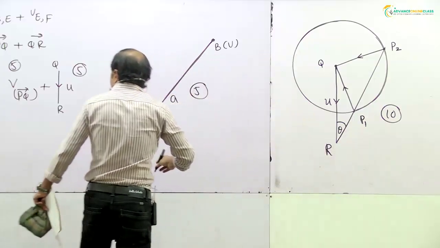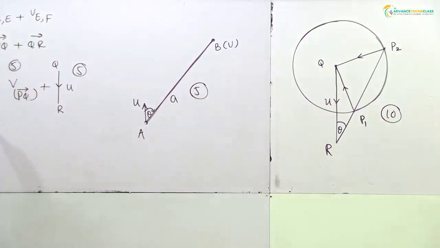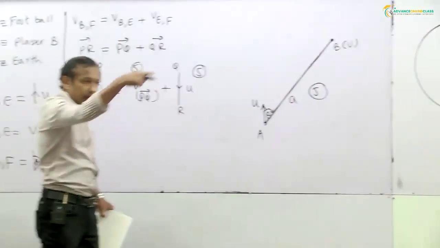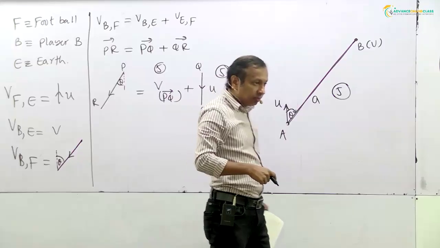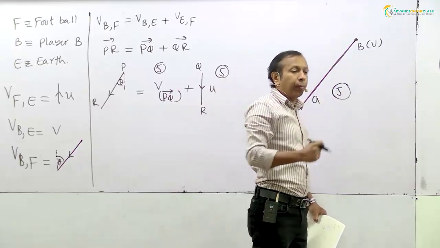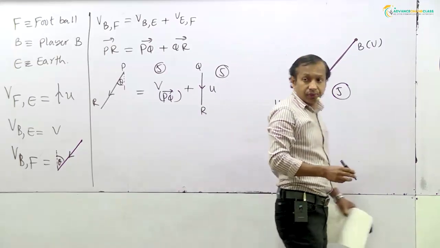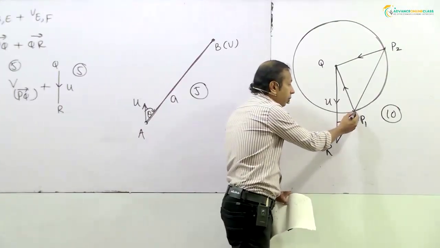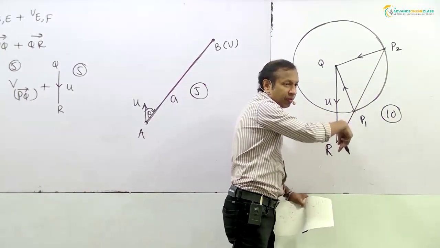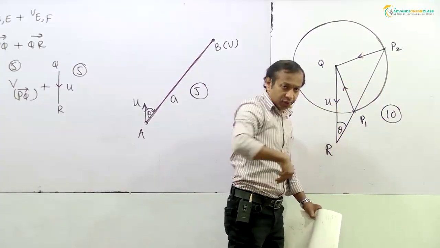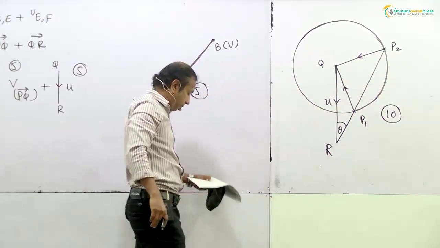Right. This PR gives us what, people? PR gives the motion of player B when the ball is at rest. For the point P, there are 2 locations on the circle. One is P1, the other is P2. P1 gives one velocity, P2 gives the other velocity. Okay, yes.